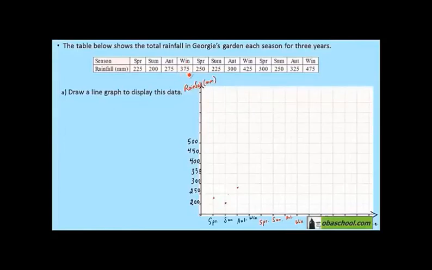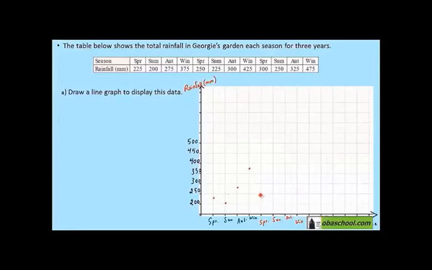For winter season of year 1, we had 375 millimeters, which is right in the middle between 350 and 400. Now that we have plotted the points for the first year, let's go ahead and do the same exact thing for year 2 and year 3.